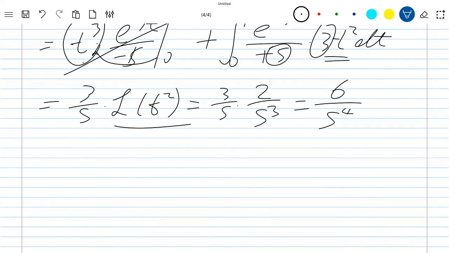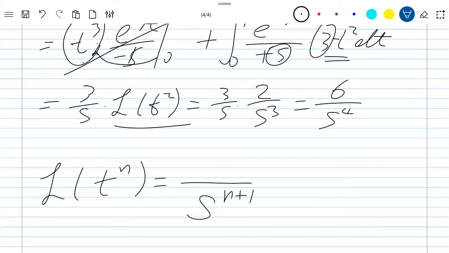Well, if you can observe the pattern, you will see we have a general formula now. Can you see what it is? First, s to some power. And that's not n, it's n plus 1, right? Because for t cubed, it's 4. And the numerator is 3 times 2, and start with n, so it's n factorial.